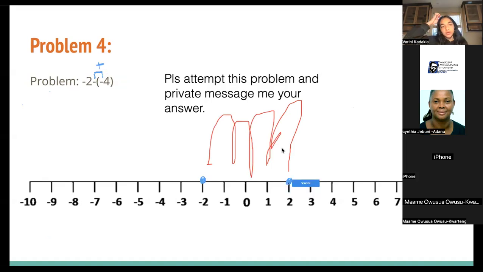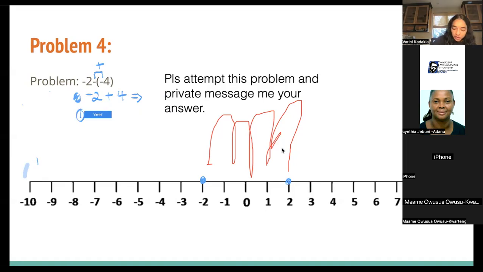Yeah, so that's right. We'll first simplify our expression, so we're going to get rid of the two minus signs. Our new expression will be minus 2 plus 4, which we're going to break up into parts.